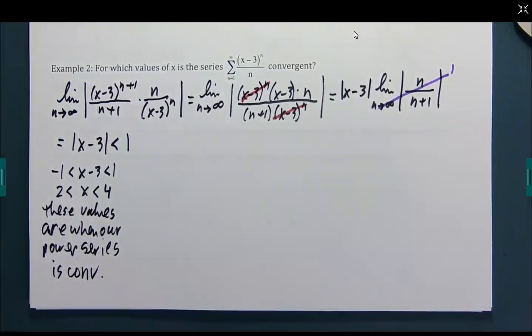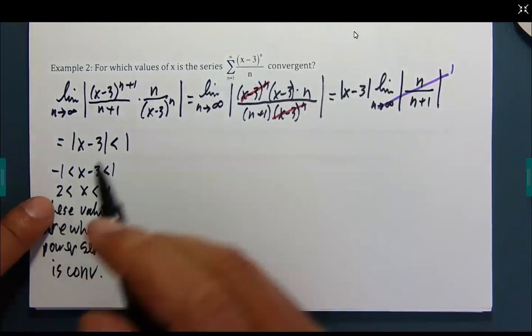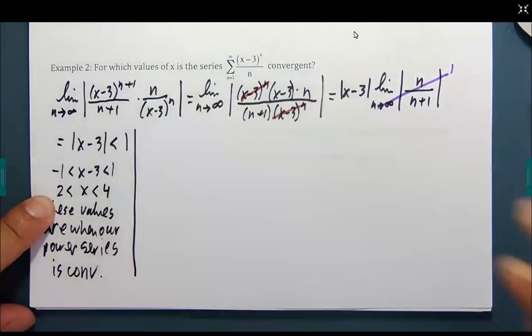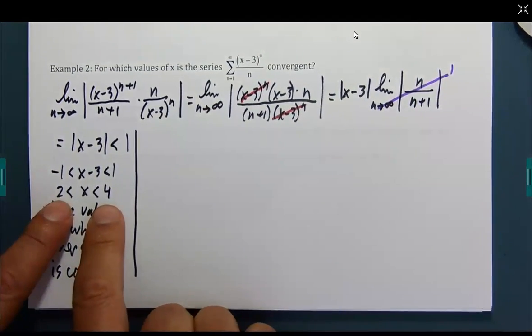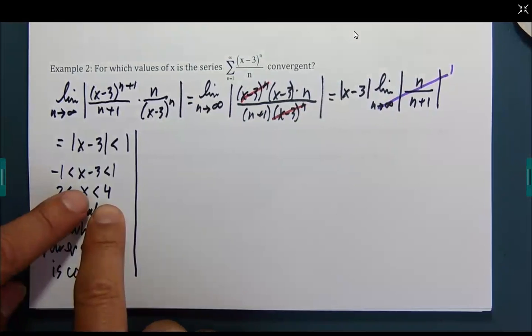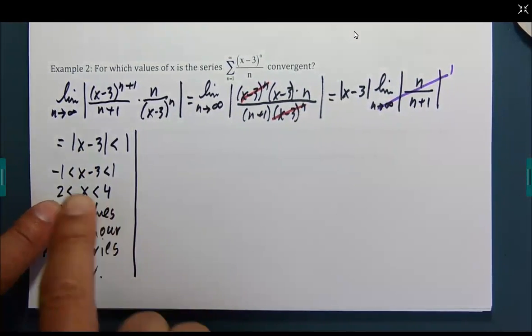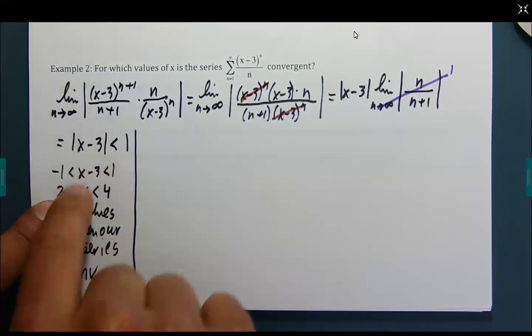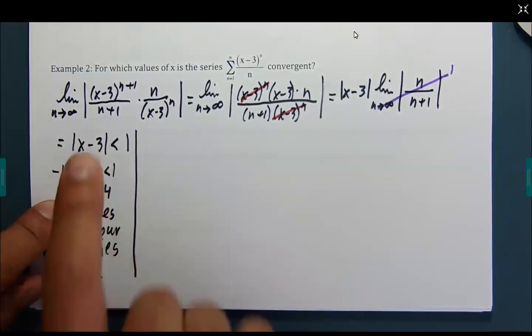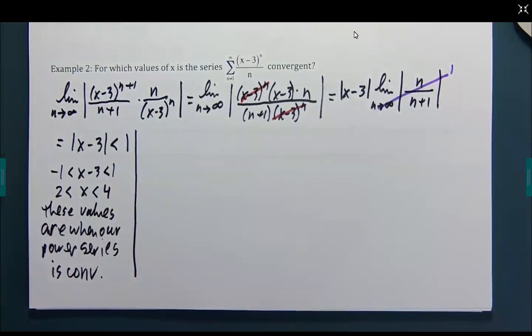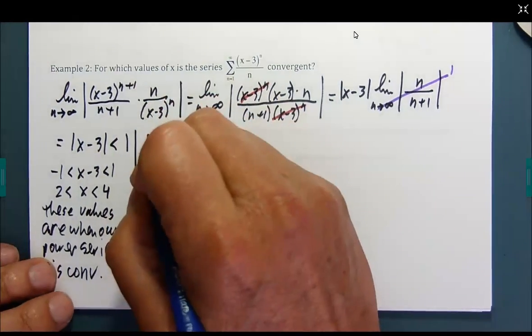So what we're going to do is plug in, because we don't know what happens at the endpoints, right? When x equals 4, 4 minus 3 is 1. Ooh. When I plug in 2, that's 2 minus 3, that's -1. Absolute value is 1. Ooh, that's that inconclusive one again. So what we're going to have to do is test each of those endpoints. So we'll start here. So test the endpoint.